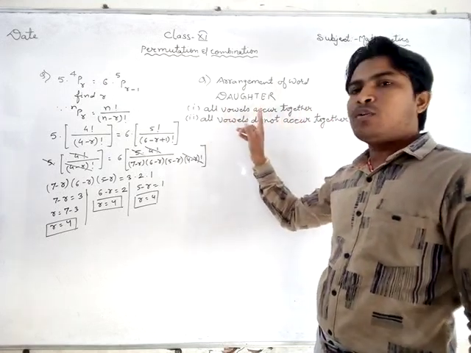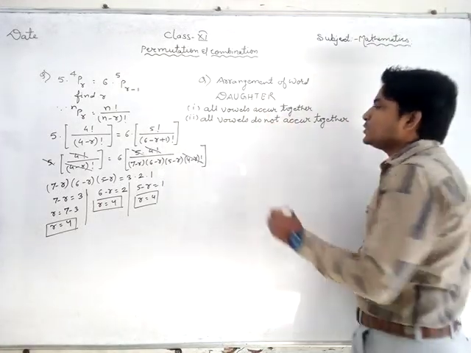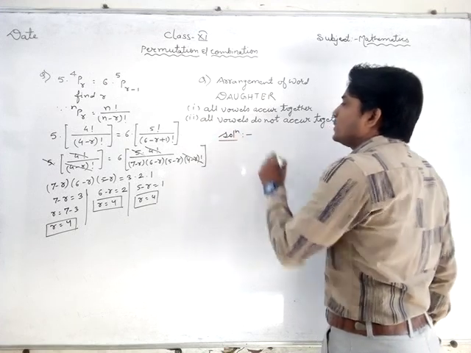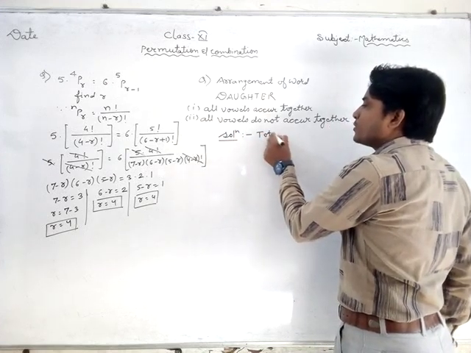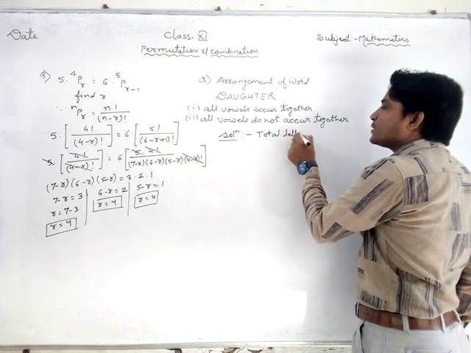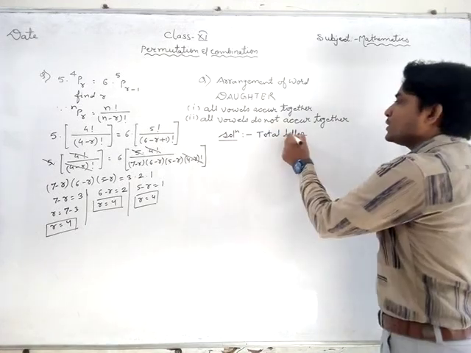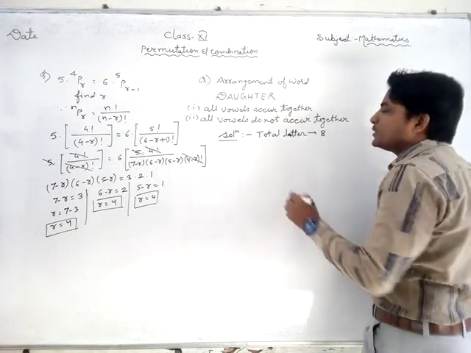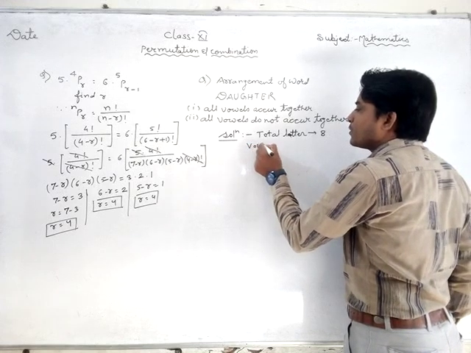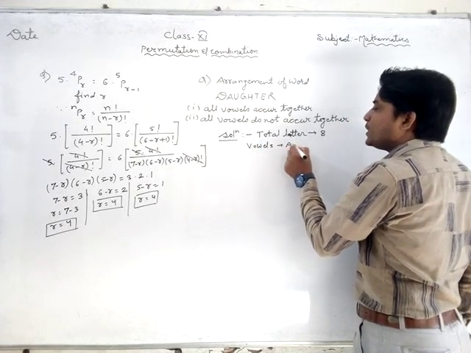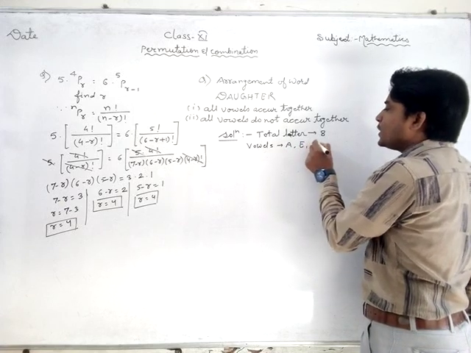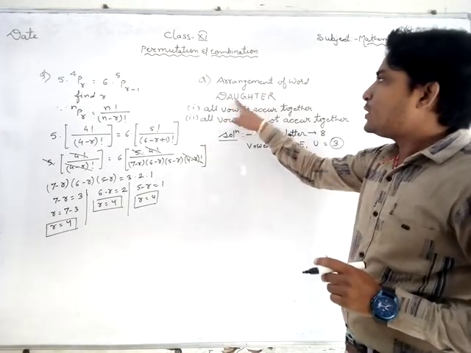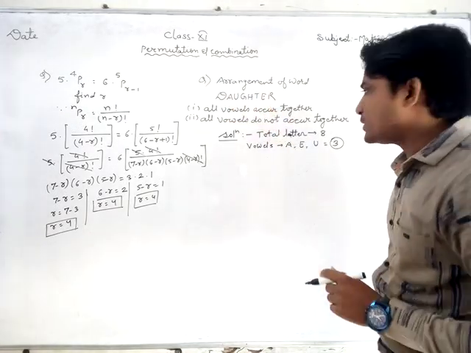According to the solution, the total letters are 8, and the vowels are A, E and U. Totally there are 3 vowels, A, U and E.